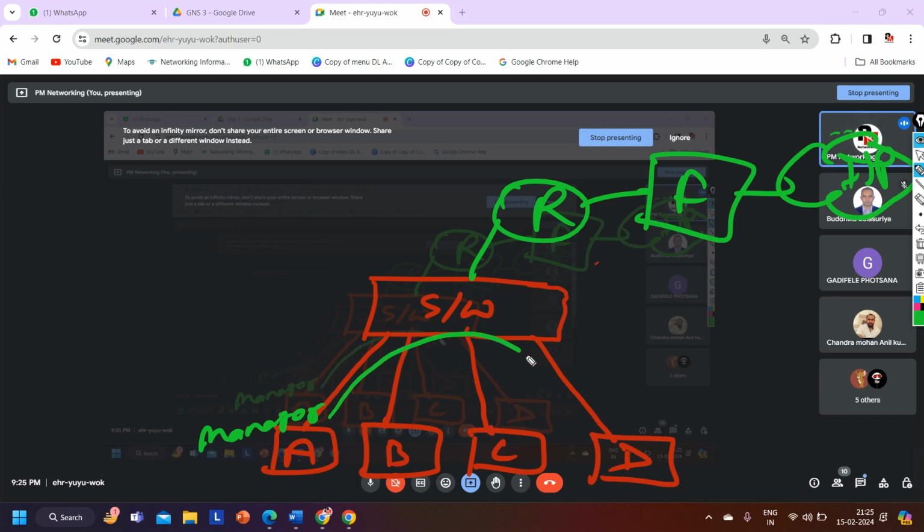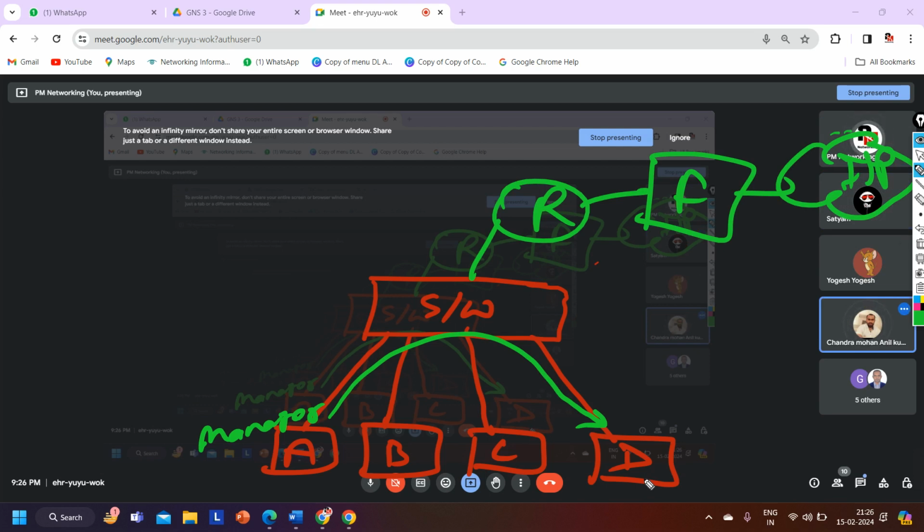So it will send one message to person D only, correct, guys? So here, how many senders are there? One. How many receivers are there? One. So this type of communication is known as unicast. Unicast means one sender, one receiver.